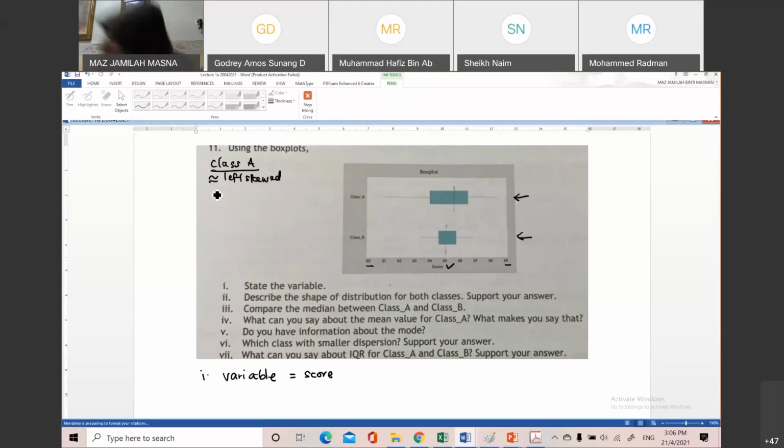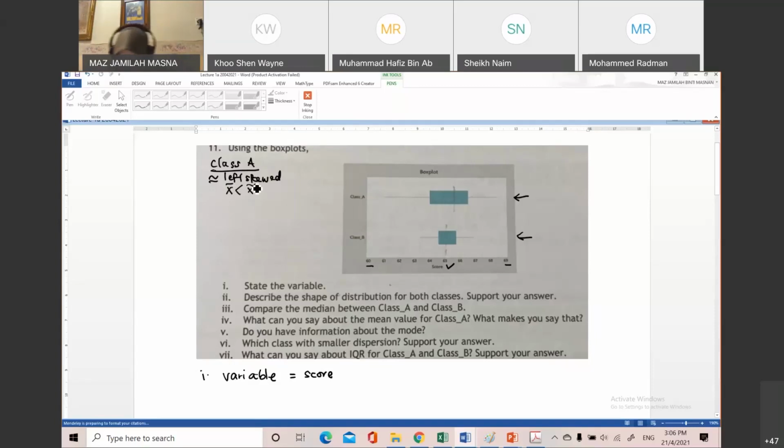The mean is less than the median. Okay, the mean x bar is less than the median.